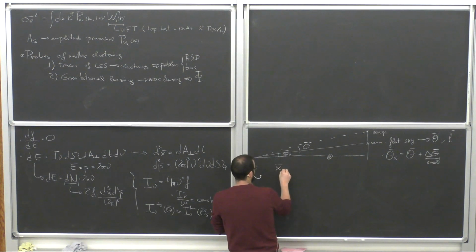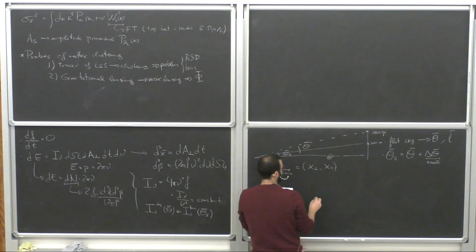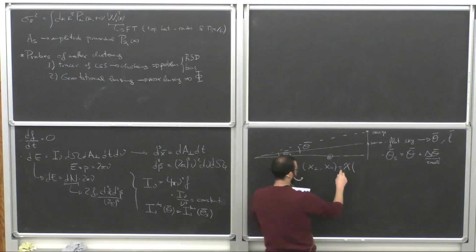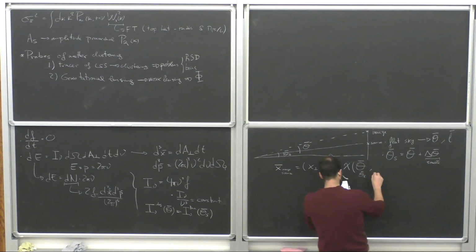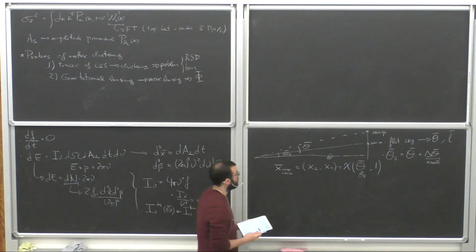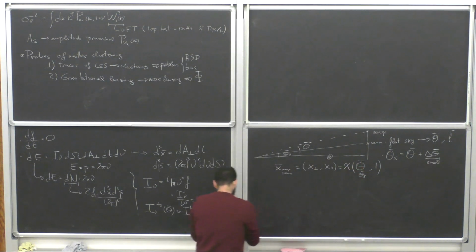And the three-dimensional position, and here we have either the image or the source, if we work perpendicular and parallel to us, this would be the distance, the moving distance for both of them, given either theta or theta s, and 1. So basically, the name of the game is to describe theta s as a function of theta, which is going to depend on this deflection angle that I mentioned before.